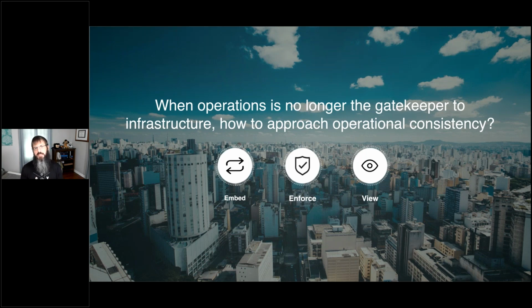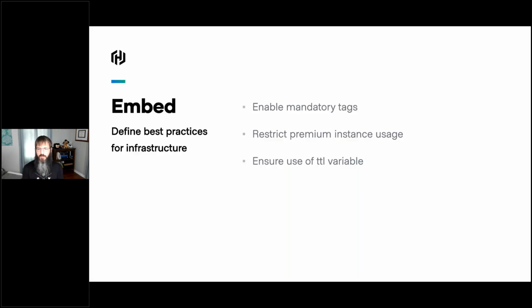So we're kind of breaking this down into 3 different subcategories here with embed, enforce, and view. So when I talk about embed, this is where some of the best practices come into play. If you're using AWS or you're using Azure, you want your infrastructure to be making use of tags. This is how we can kind of define and view and get an idea of how our resources are deployed and for what manner.